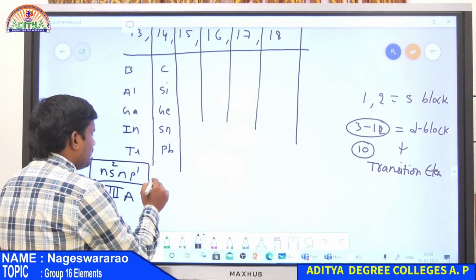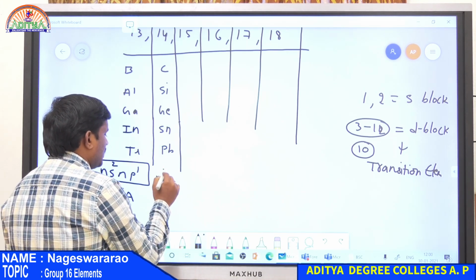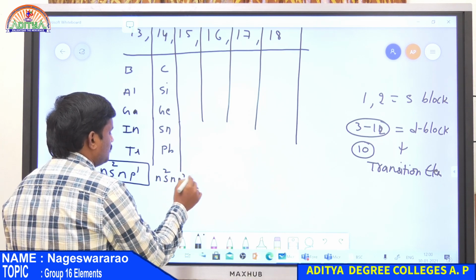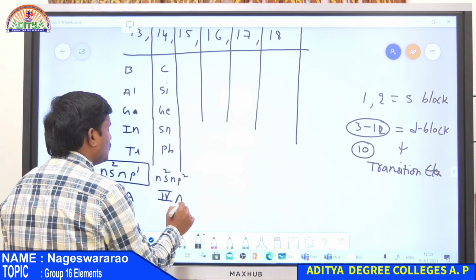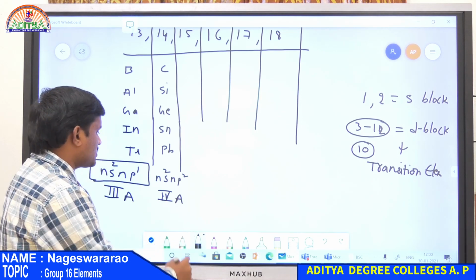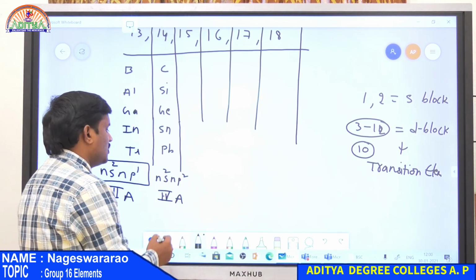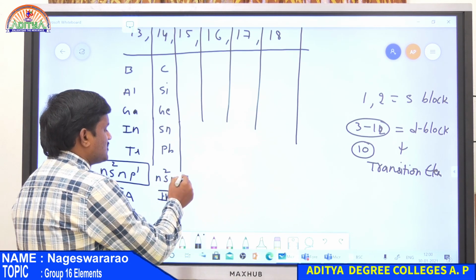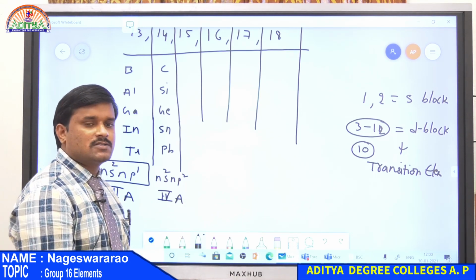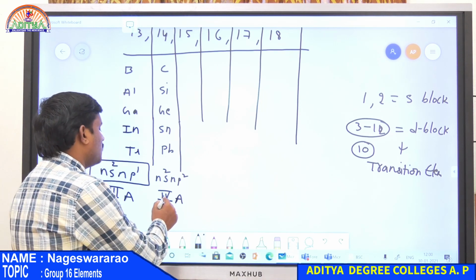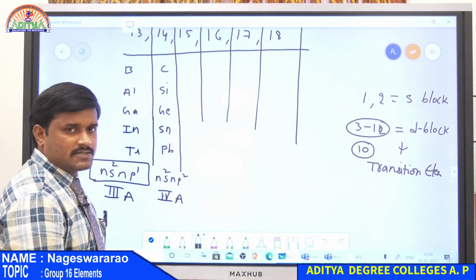All these have a general electronic configuration ns2 np2, known as 4A group elements. So here the outer shell contains 2 electrons in s orbital as well as 2 electrons in p orbital. So totally there are 4 electrons. That is why these are 4A group elements.